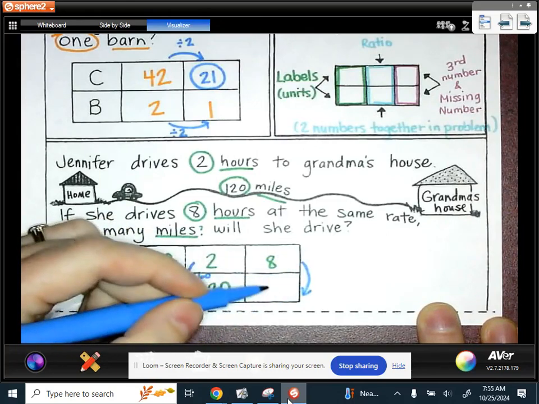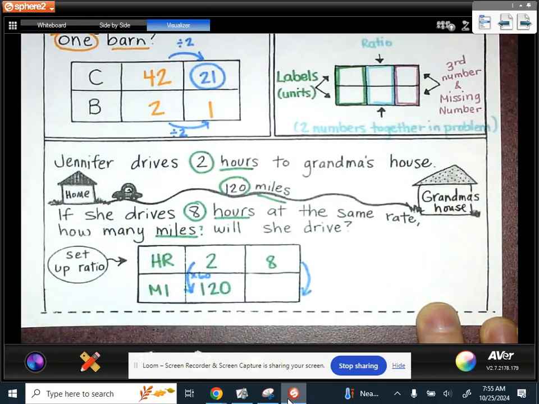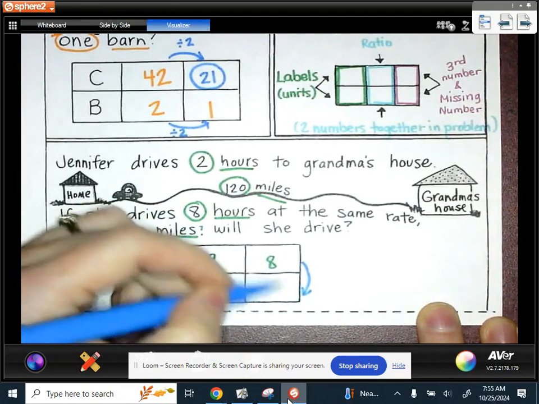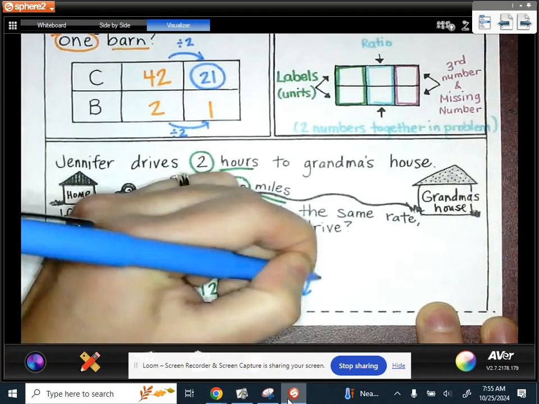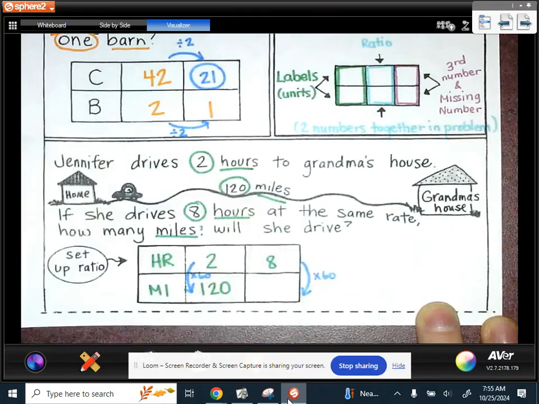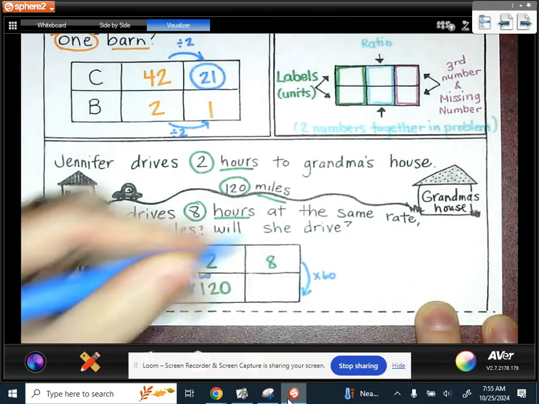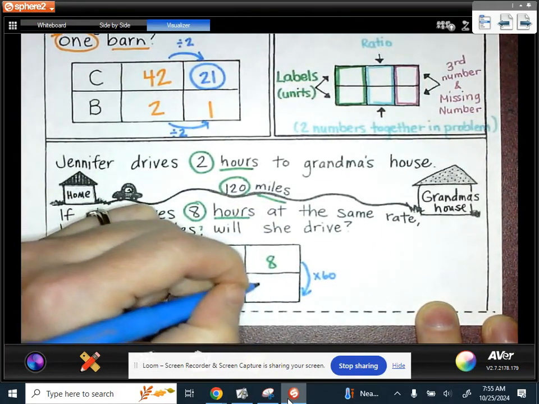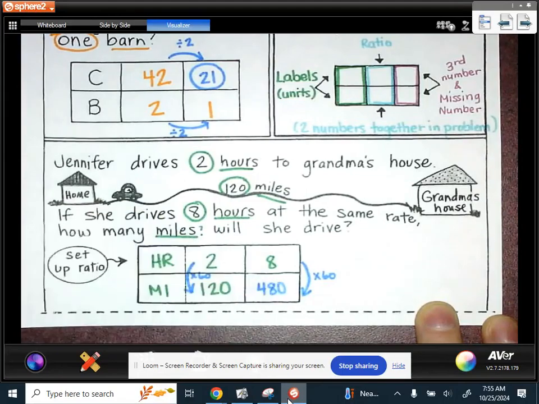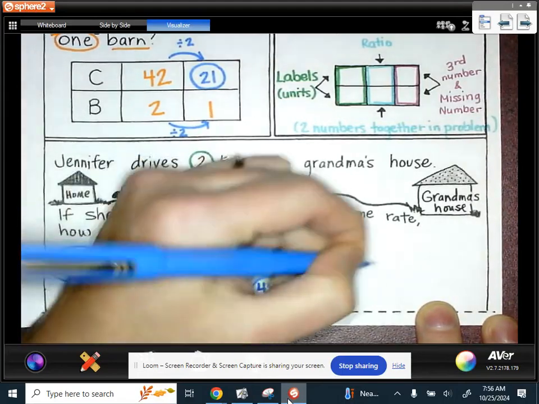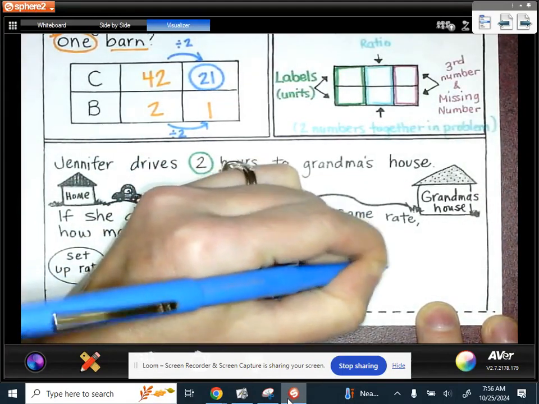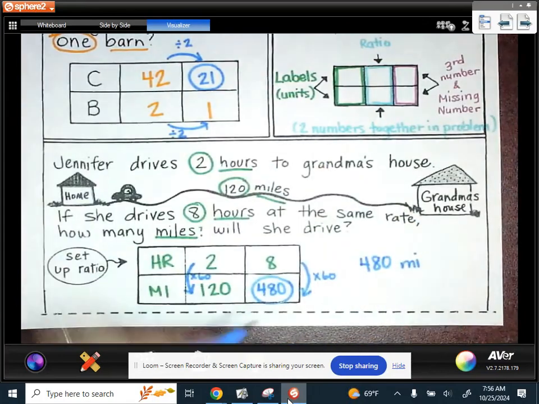It should also always be pointing to your empty space because that's where we're trying to get to. And since our other one said times 60, that one needs to say times 60. I know 8 times 6 is 48, so 8 times 60 is going to be 480. So she would be able to drive 480 miles.